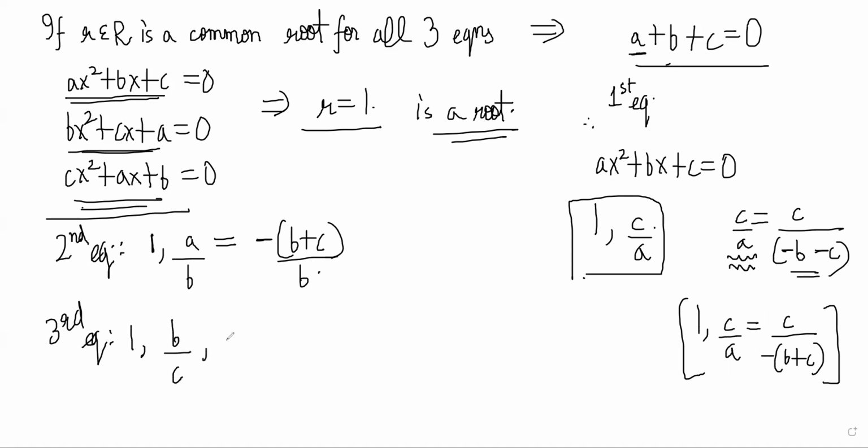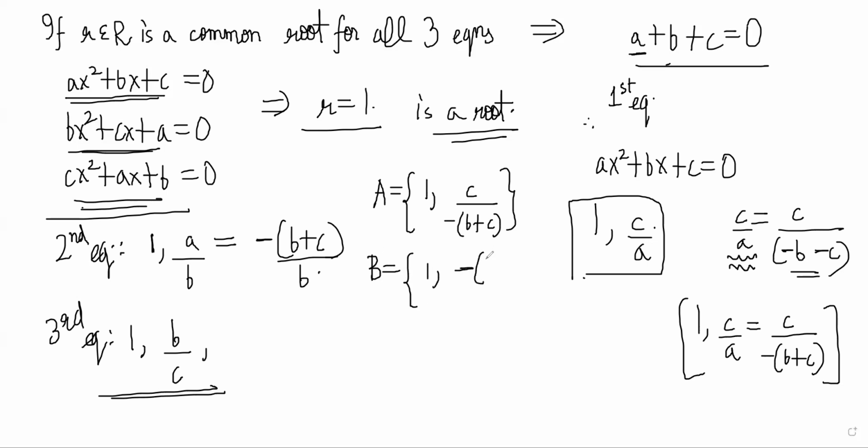And therefore, now we have to see what are the number of elements in A union B union C. Right? So far we have the set A is 1 comma c by minus b plus c, the set B is 1 comma minus b plus c by b, and the set capital C is 1 comma b by c.